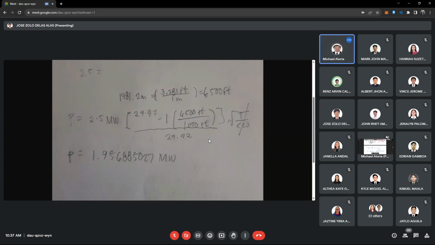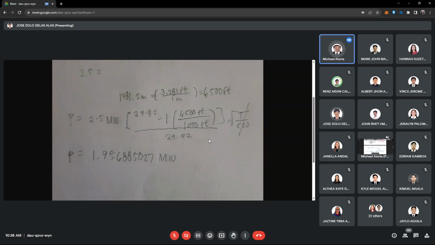Ang lumabas pong sagot ay 1.95 megawatts. So, from 2.5, naging 1.95 na siya kung i-consider mo yung pressure change.